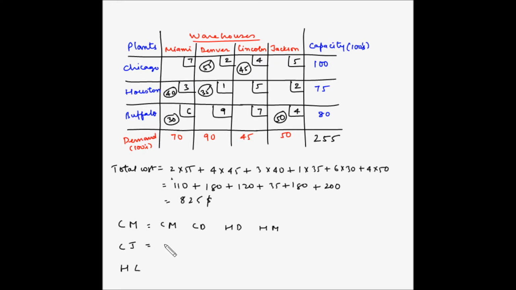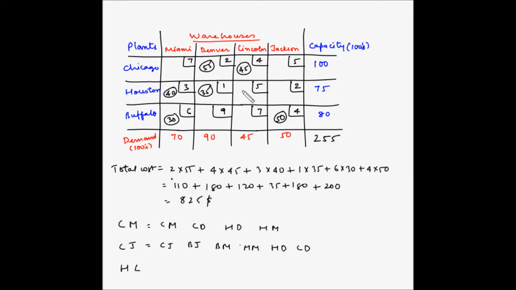So the loop becomes CJ to BJ to BM to HM to HD to CD. Now the next water square is HL.